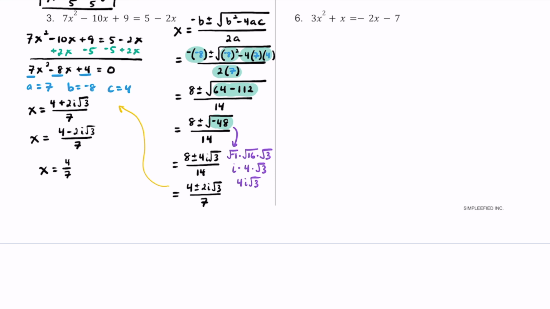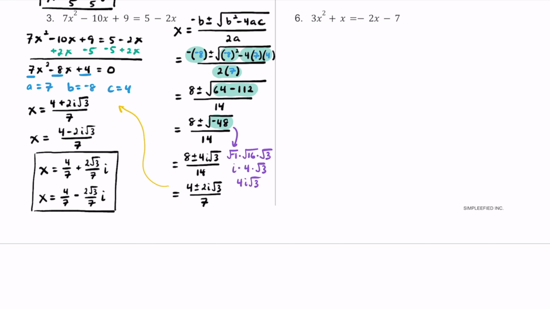And then we can write plus 2 root 3 over 7 i. And our other solution here is going to be x is equal to 4/7 minus 2 root 3 over 7 i. These would be our two complex or imaginary solutions written in standard form.